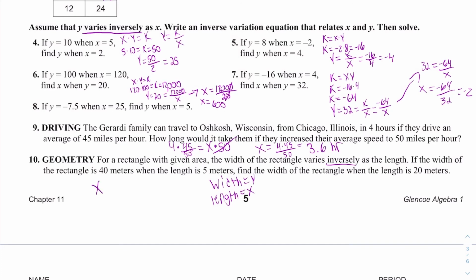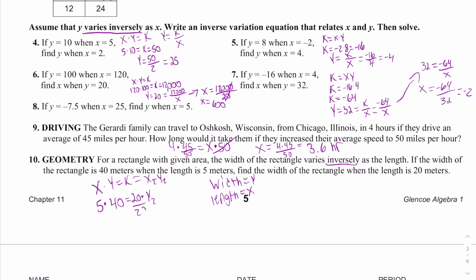And we have the equation x times y equals k. But we're trying to find a new one, so this is going to equal x2, y2. So then we're going to take the original numbers. The original numbers are a width of 40, that's y, and a length of 5, that's the x, which is going to be equal to the new width, so that's the new y, and the new length is 20.